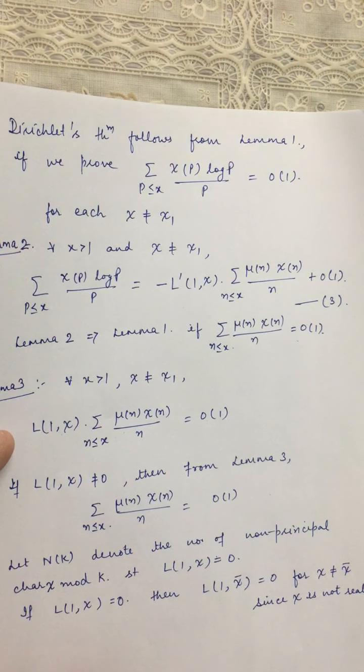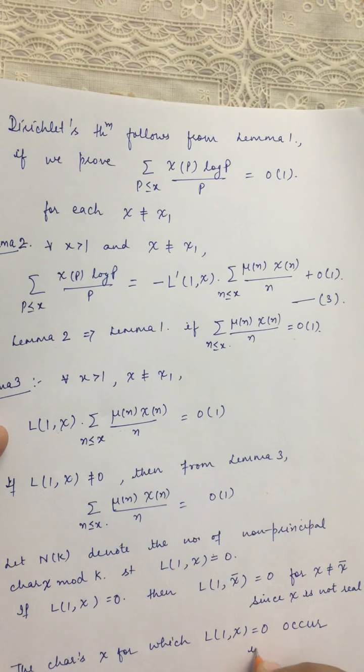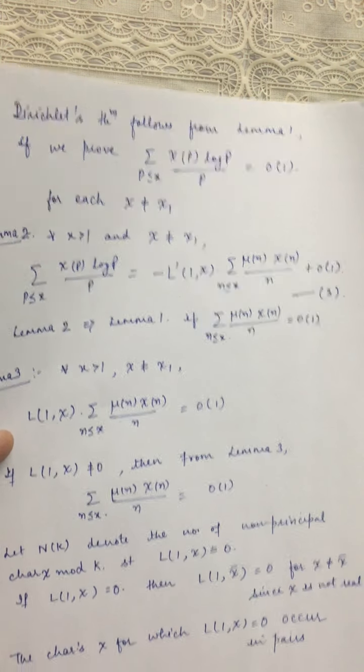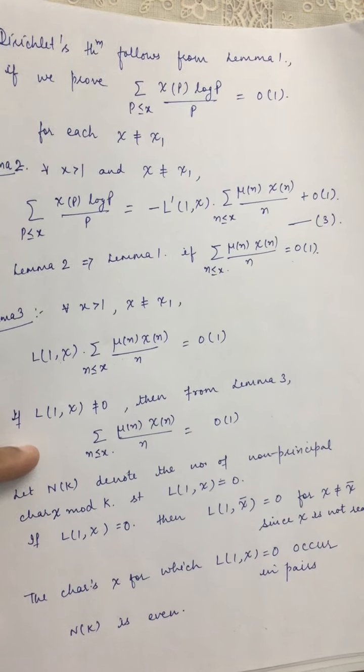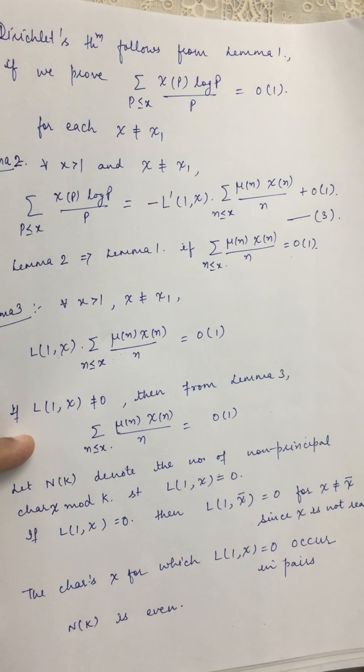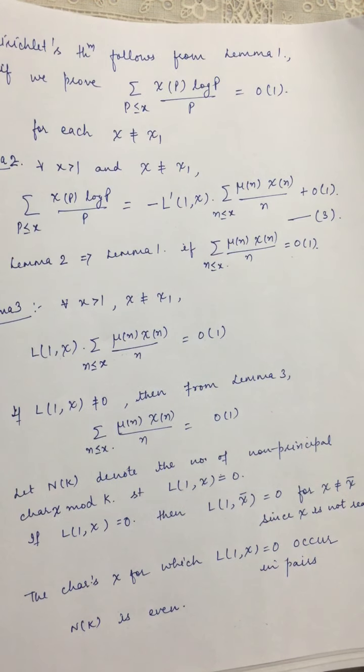Therefore n_k is even. But we want to prove n_k is 0, and that will be deduced from the next lemma.